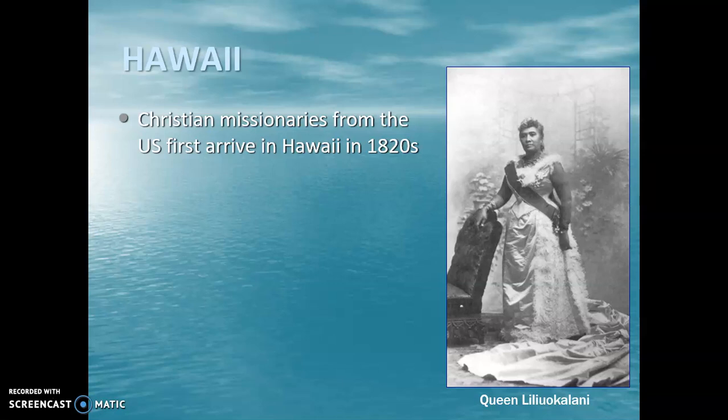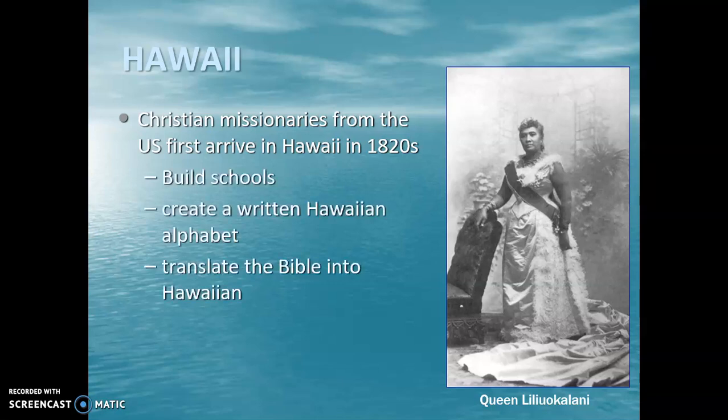We sort of start screwing things up in terms of basically telling the Queen, hey, you can't do this, you can't do that. We start making some changes in terms of the laws that are practiced by the native Hawaiians, and slowly but surely we start doing things that we think are helpful, like creating an alphabet, building schools, but that are really stripping them of their traditional Hawaiian culture in a way that they don't really love.